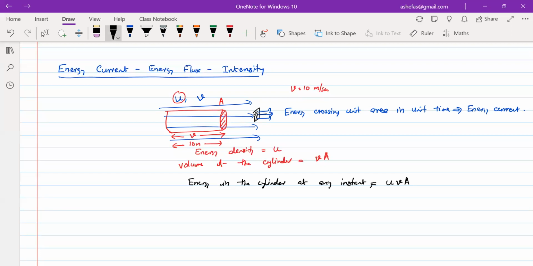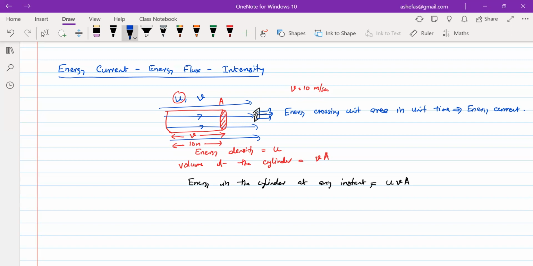We already said this wave is propagating with velocity V. Then the energy inside the cylinder must flow through this shaded area in unit time, because the length of the cylinder is only V. If the speed is 10 meters per second, then the length of this cylinder is 10 meters.